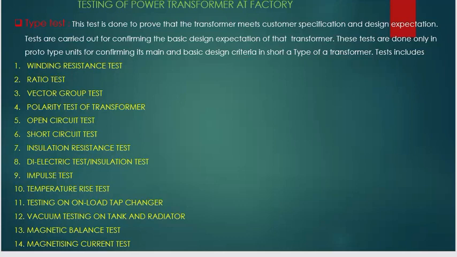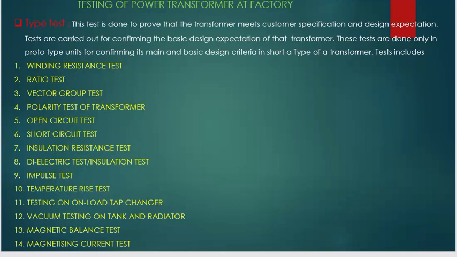The transformer type test is done to prove that the transformer meets customer specification and design expectation. These tests are carried out for confirming the basic design expectation of our transformer. These tests are done only on prototype units for confirming the main and basic design criteria. In short, a type test of a transformer confirms what type of transformer it is.